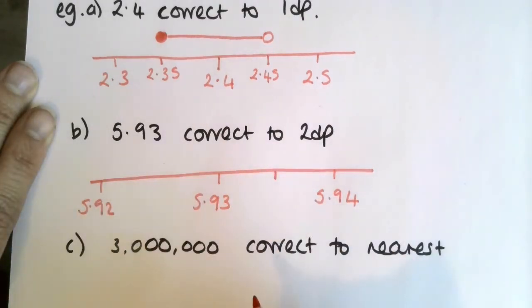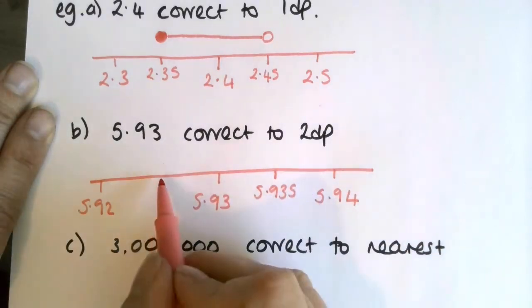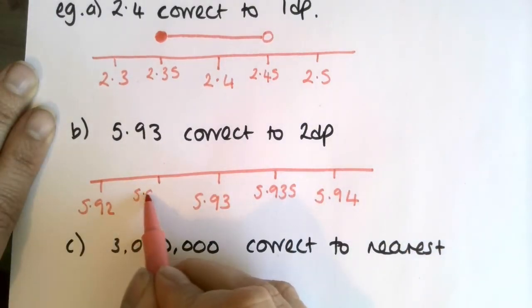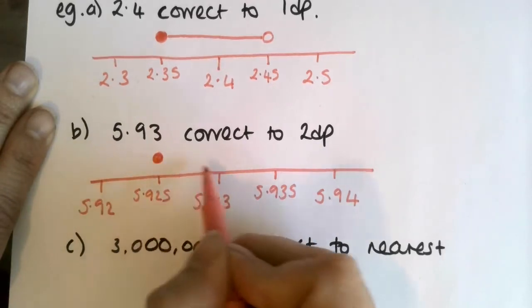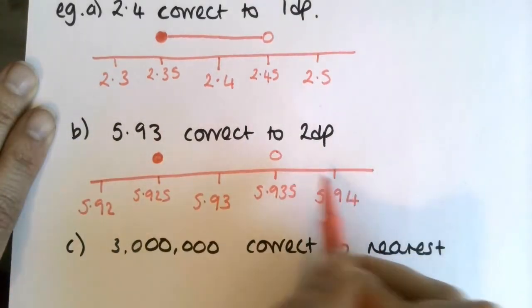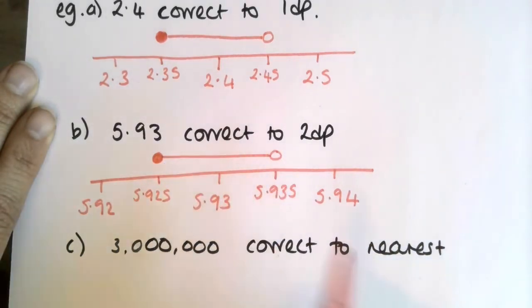Then go halfway in between. Halfway in between here is 5.935. Halfway in between here is 5.925. And again, the larger one will round up to 5.94, so we don't include it. That's why it's open. So everything from 5.925 all the way up to, but not including 5.935, will round to give 5.93.